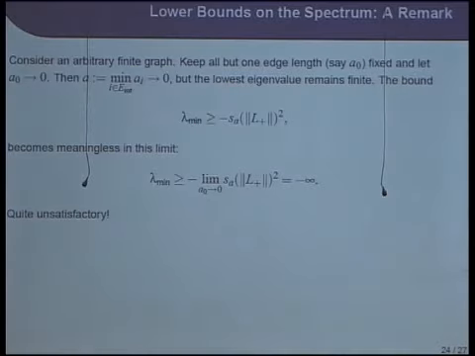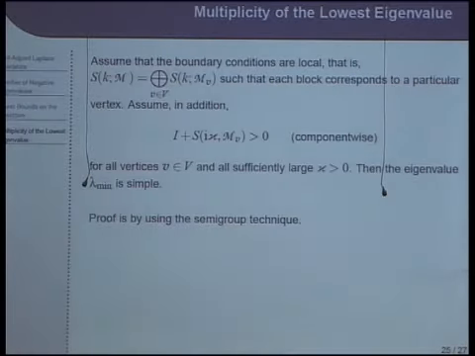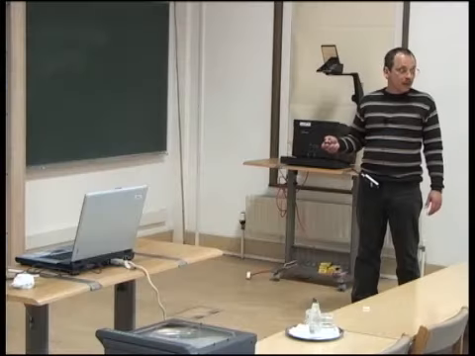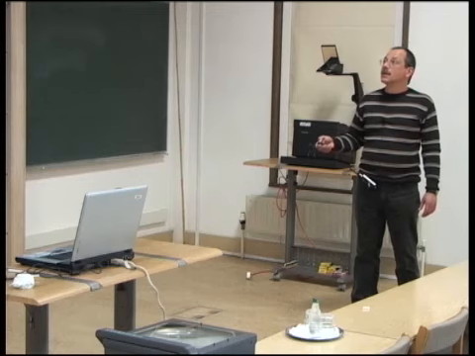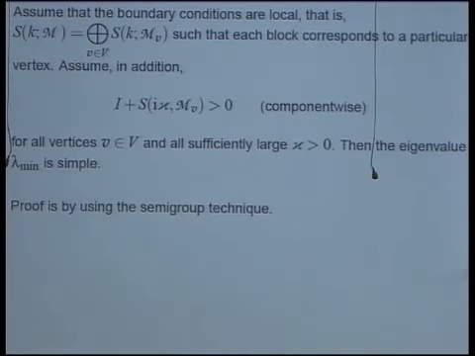Okay, the time is running out. What I'm going to discuss more, perhaps quite 2 minutes, is the simplicity of the lowest eigenvalue. So just a quite simple criterion. If our boundary conditions are local, we look at this sum. This is a unit matrix plus S corresponding to the local part of the maximal isotropic subspace at the given vertex V. And now assume that this sum, this matrix, is component-wise positive.